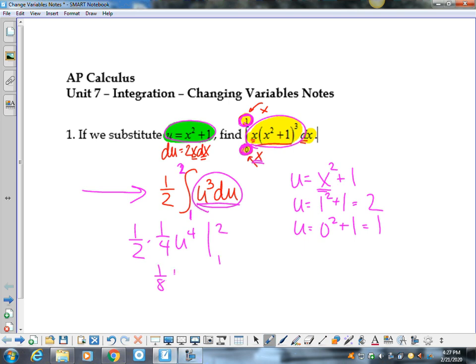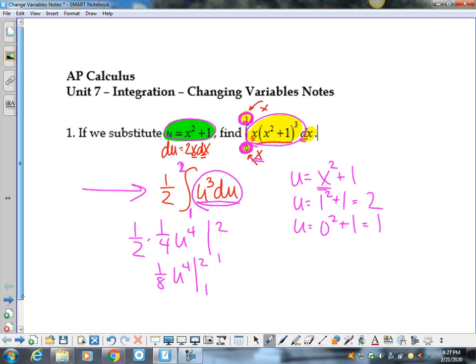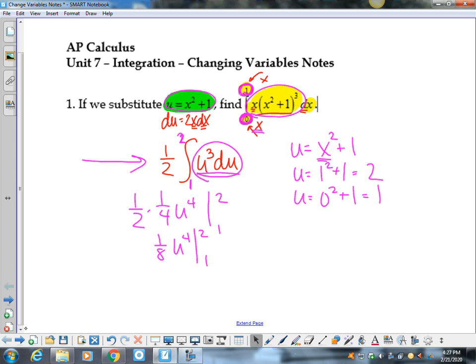So I'm here. Well, this is where most of the time we'll substitute our u back in. But guys, think about what that would mean. If I put this back in here, I'm now back in terms of x's. Well, remember the 2 and the 1 are u's.